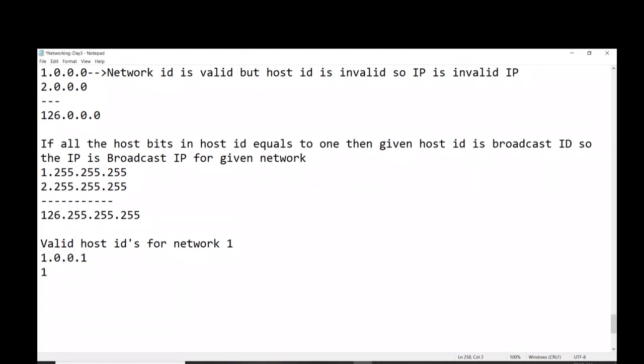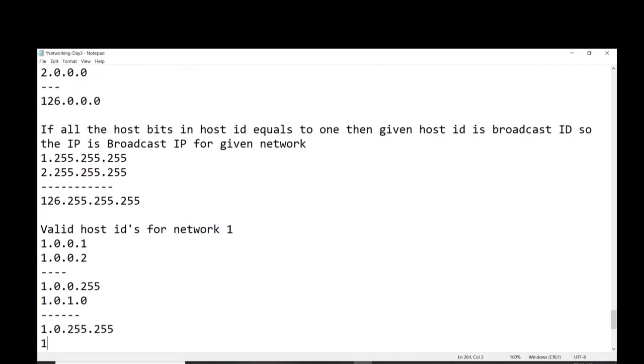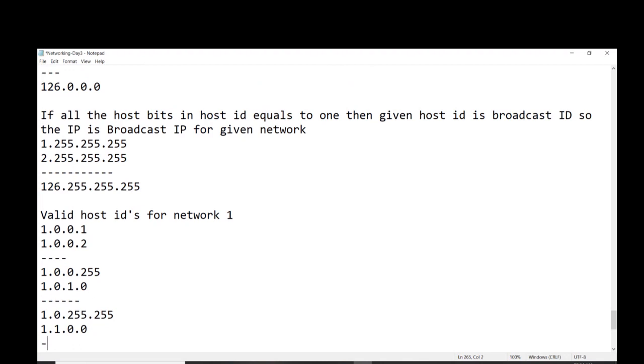1.0.0.1, 1.0.0.2. If I write like this, up to 1.0.0.255, then I'll change to 1.0.1.0, like this. Then 1.0.255.255, then 1.1.0.0, it will go like this.